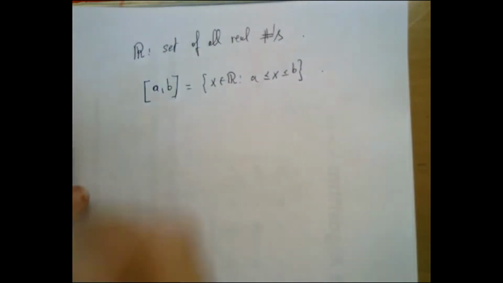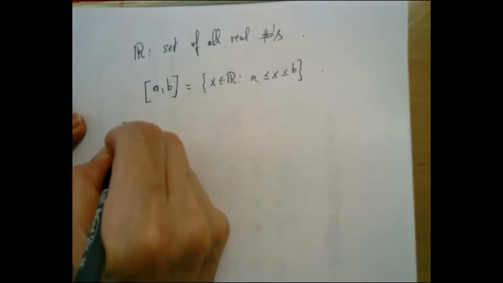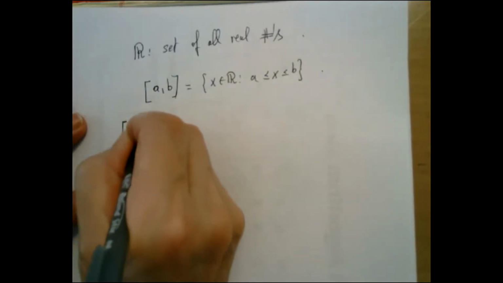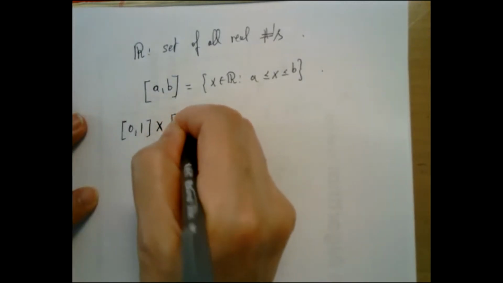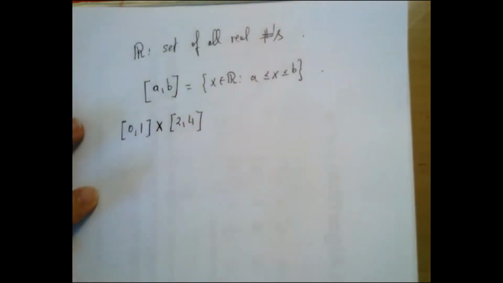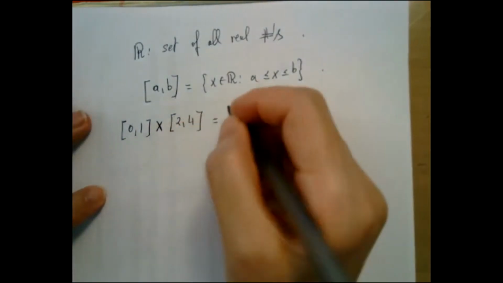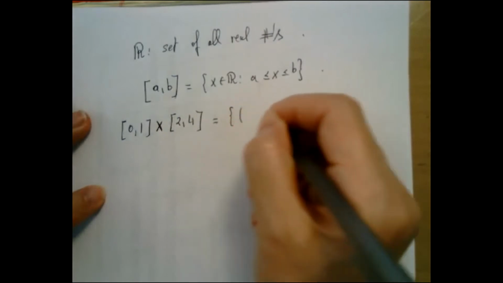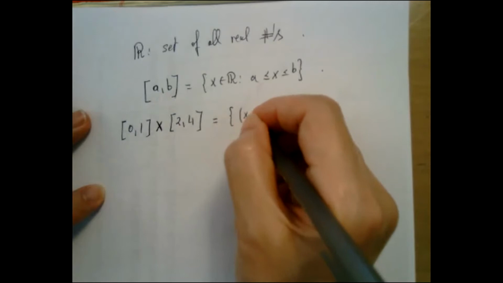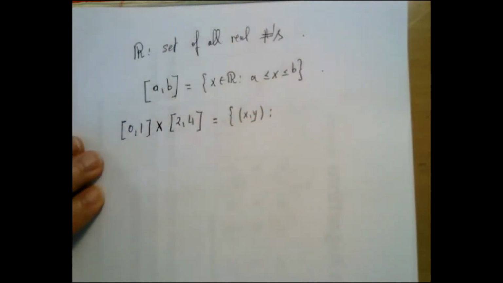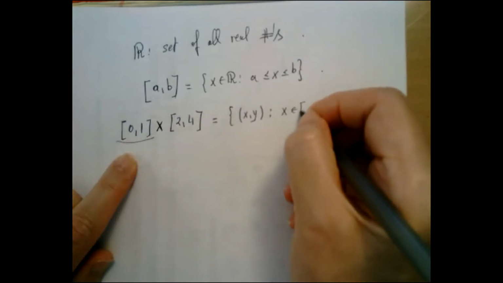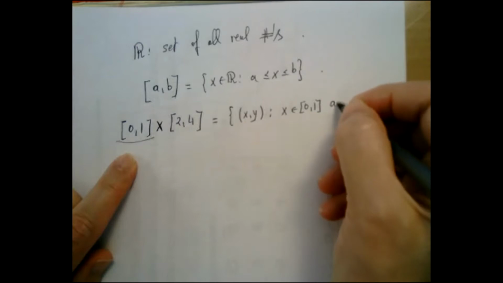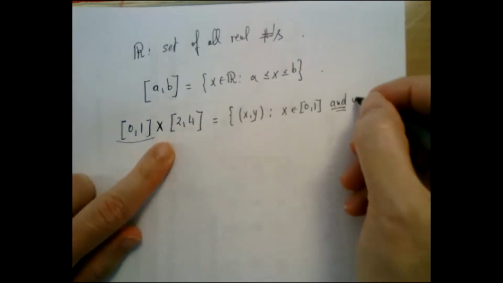Okay. So with this in mind, I would like to visualize the following Cartesian product: [0, 1] cross [2, 4]. Okay, first, what's this? What's [0, 1] cross [2, 4]? It's the set of all ordered pairs (x, y) such that x is in here and y is in here.